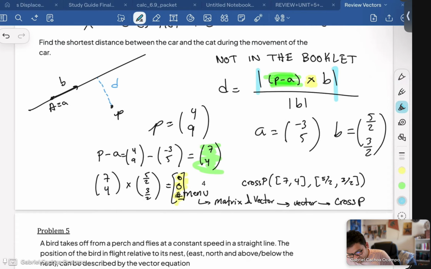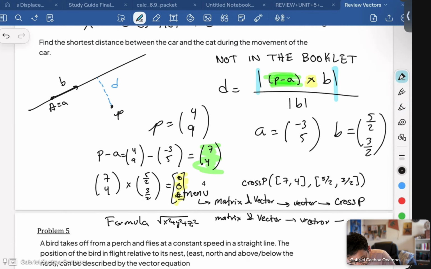For the magnitude, you can use either the formula, the square root of x squared plus y squared plus z squared, or you can use your calculator and go into matrix vector, vector, norm, no? Norm is the same word for magnitude.